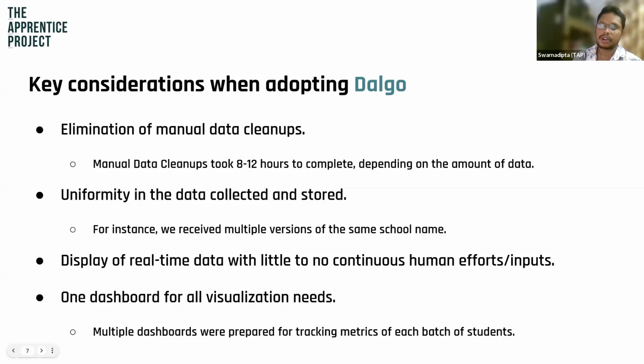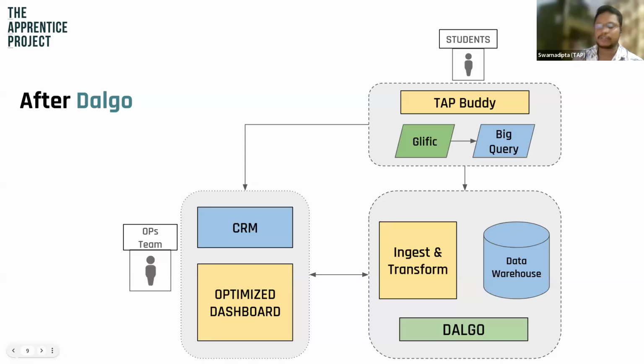Instead, we opted for one single dashboard that would help us in tracking these metrics. Although there are some ad hoc dashboards that are still there, required by donors, which we did not incorporate. But mostly we wanted to shift to one dashboard that records the regular activities and metrics.